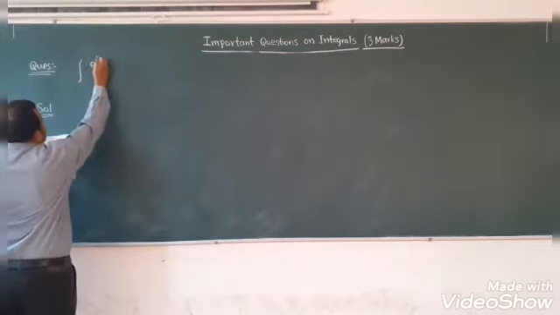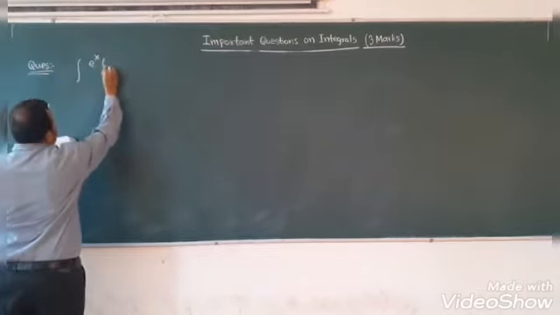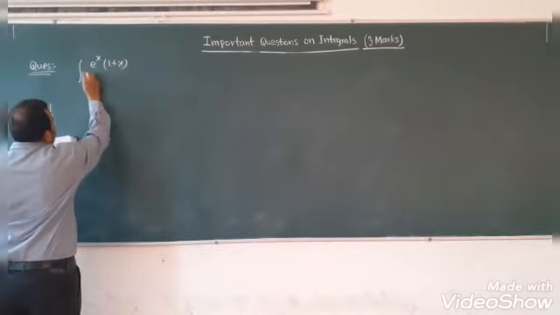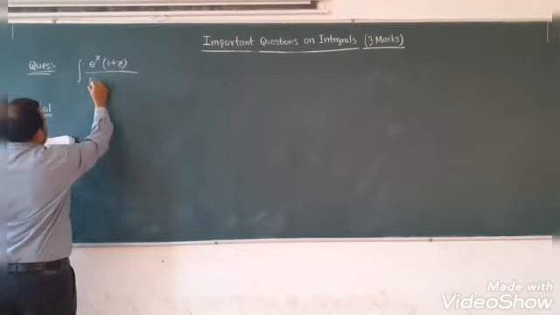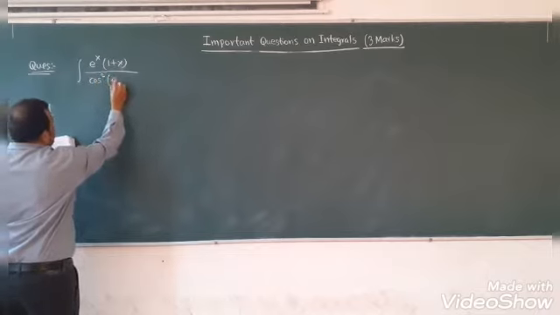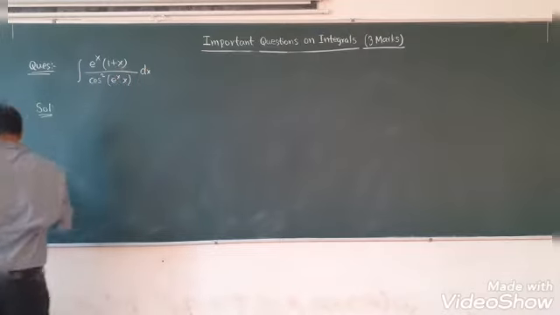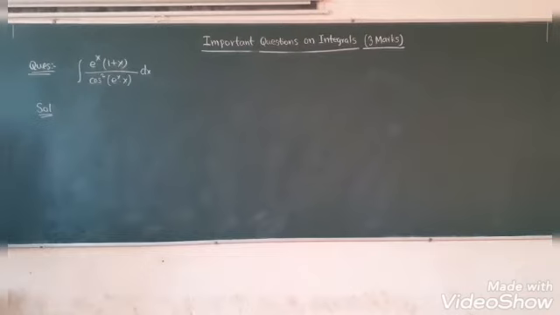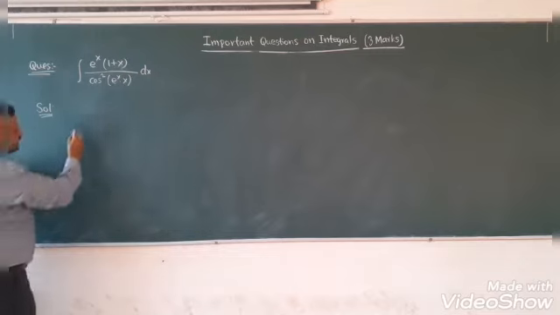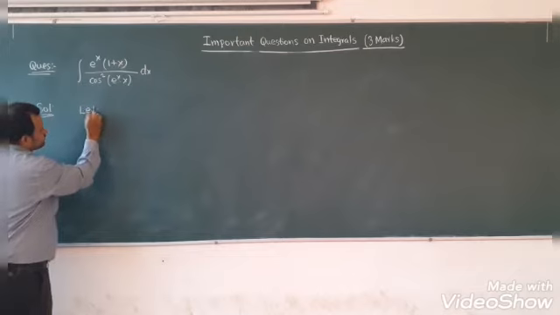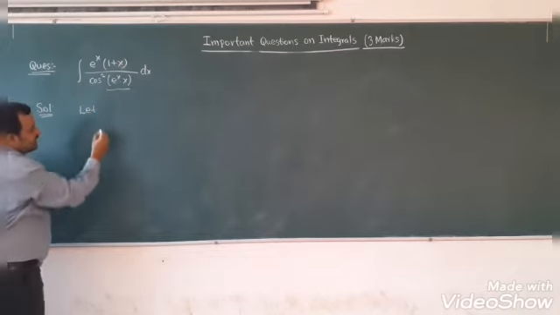Integral e power x into 1 plus x divided by cos square of e power x into x dx. Look here. So again the substitution method will come. I am assuming this to be t.